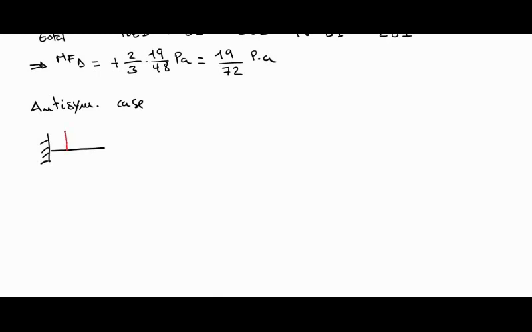In the antisymmetric case, we have this vertical force P at A divided by 2 from the fixed support, and in the cross-section of the plane of symmetry, cross-section D, we have the shear stress at D. Sorry, not the shear stress, the shear force at D. So the simplifications are that the bending moment is equal to 0 in this antisymmetric case, and the deflection of D has to be 0, and we are going to use this equation to calculate the shear force at D, this unknown.